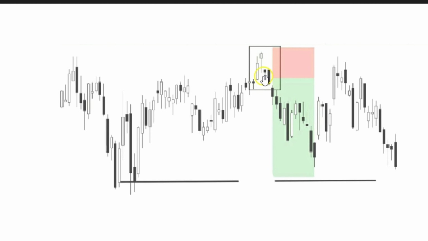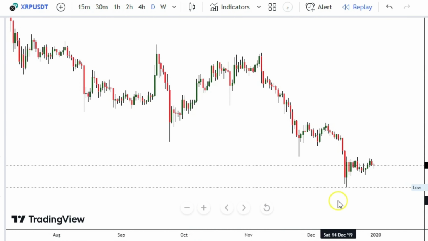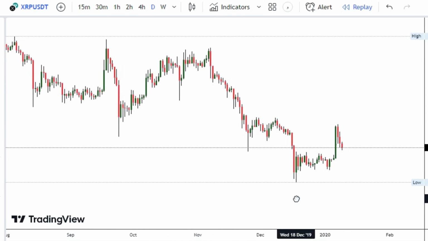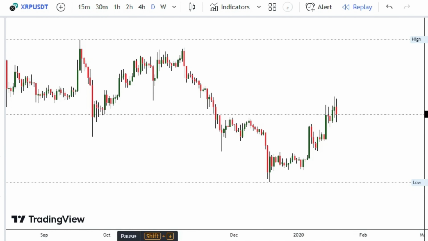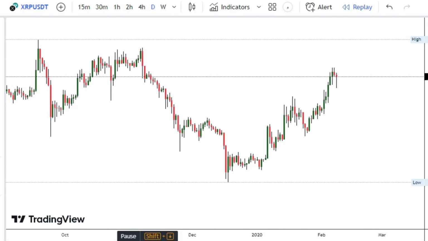In this chart, we'll see how the hanging man pattern is affecting the trend. Here, we are in a downtrend, and an uptrend is happening. Okay.